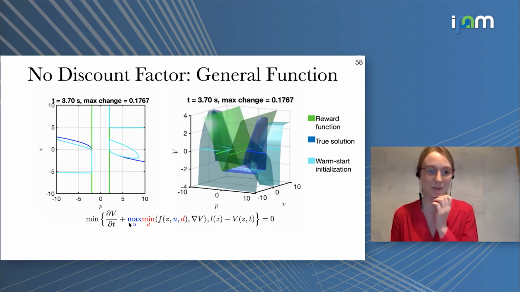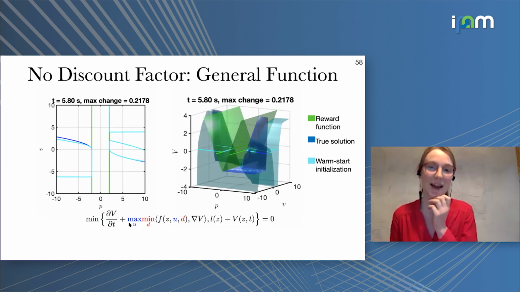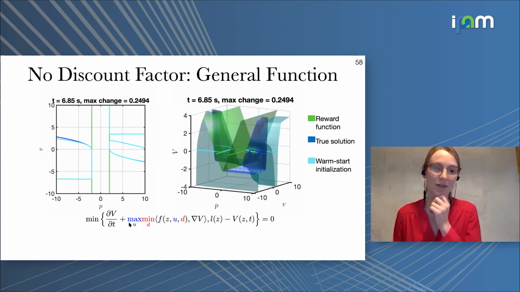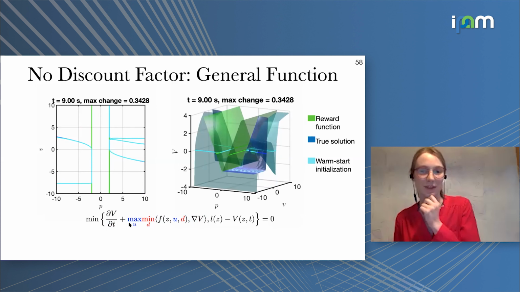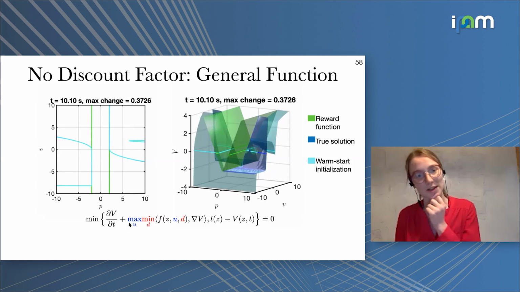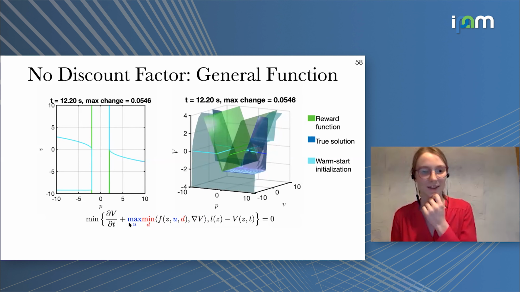And for a lot of the functions we are testing out here, it just works because of that natural contraction that happens from the maximization over U in the Hamiltonian. You can see here that it takes more time because we initialized with something that was much worse than the standard initialization. But in fact, it does converge in this case.